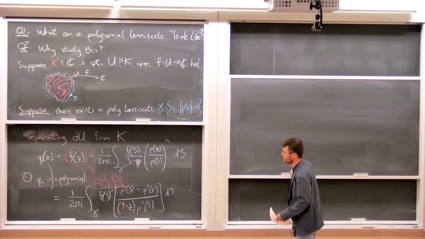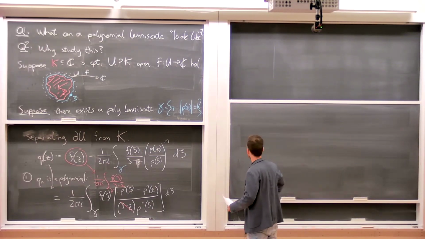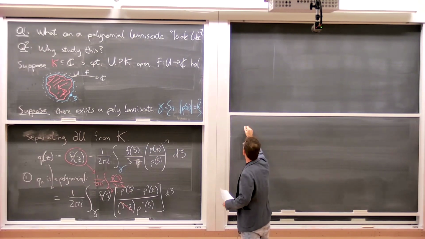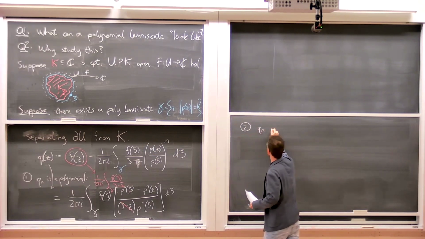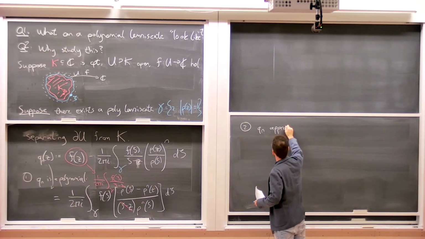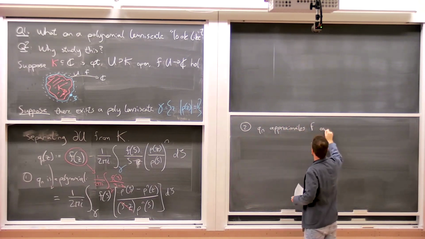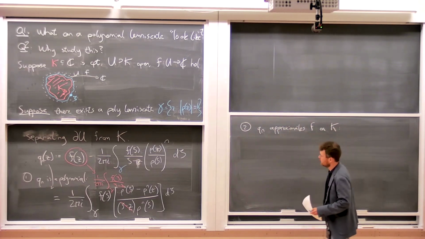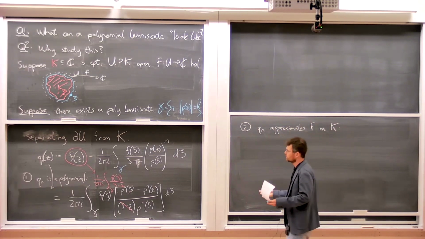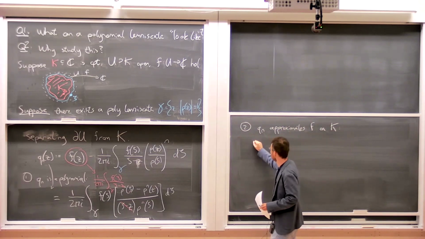The other thing that makes all of this relevant is that q_n approximates f on the compact set K. This also is not so lengthy of an explanation.